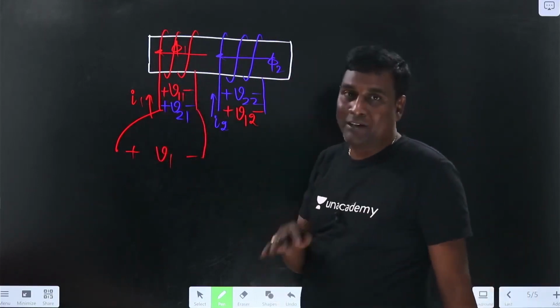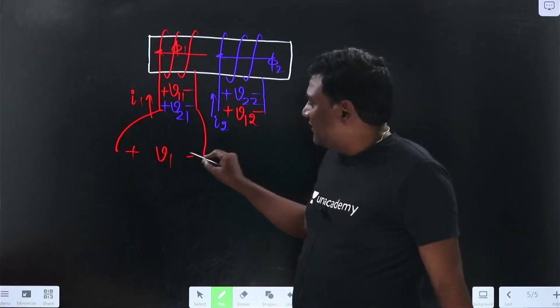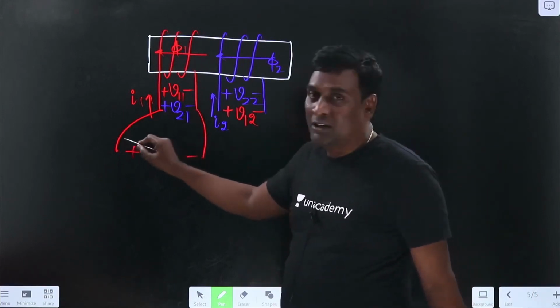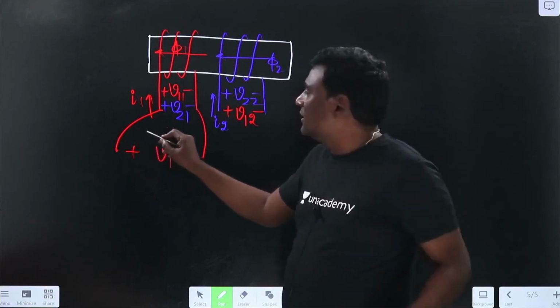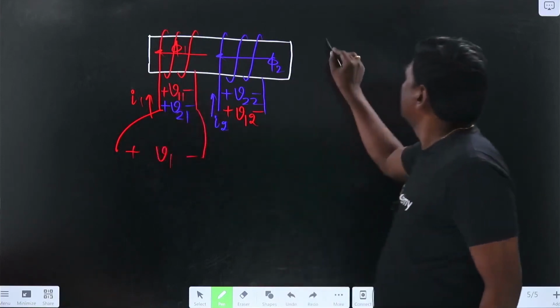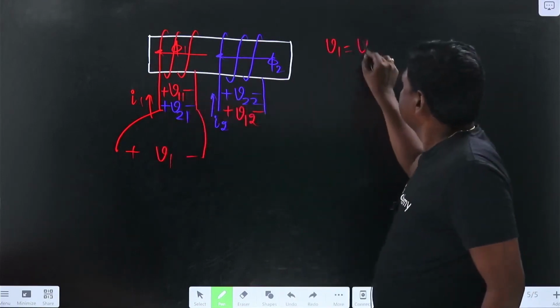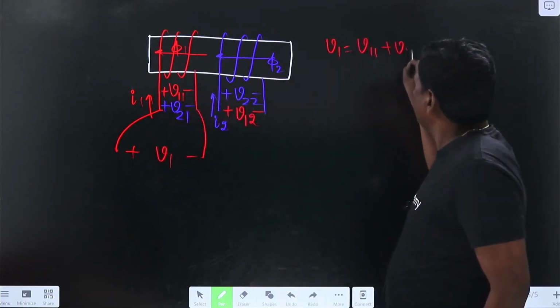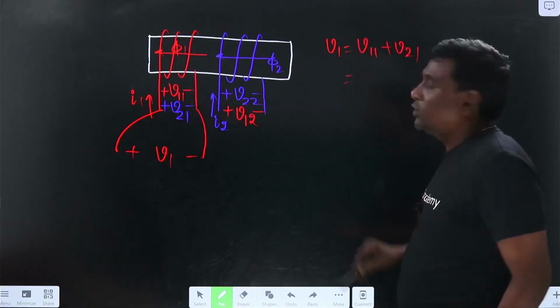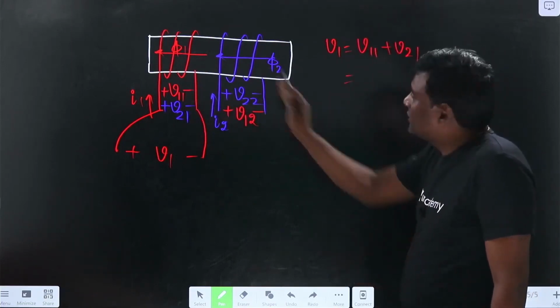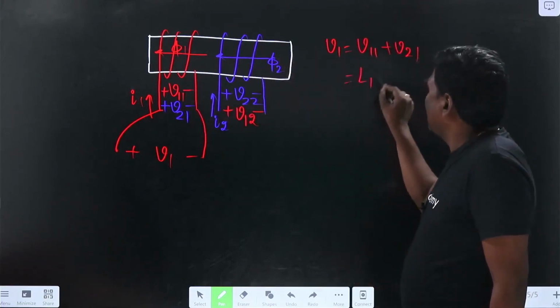Voltage drops we are going to consider as positive. Now, whenever I touch minus, minus of V1, or if you send it to the other side, V1 equals plus plus. So V1 equals plus V11 plus V21.